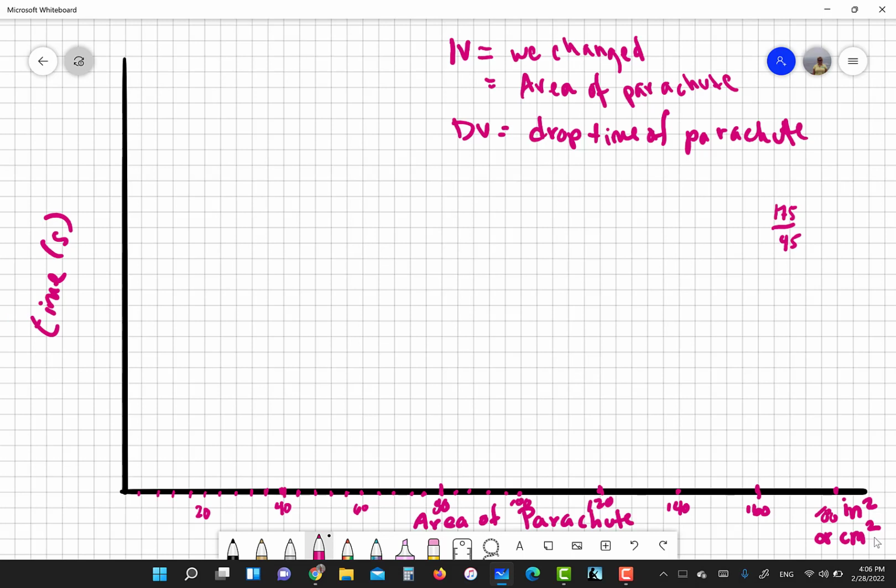Your time should be much smaller numbers because you didn't drop that from very far. So again, you're going to find the highest time. Let's say it was 10 seconds. So I'm going to divide my y-axis up equally into 10 seconds, and I like this to be nice and spread out so my graph is not so tiny.